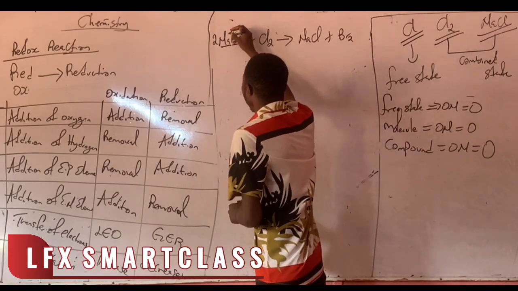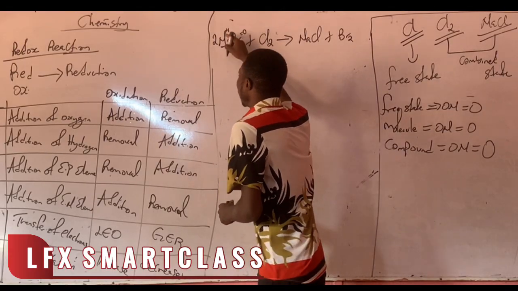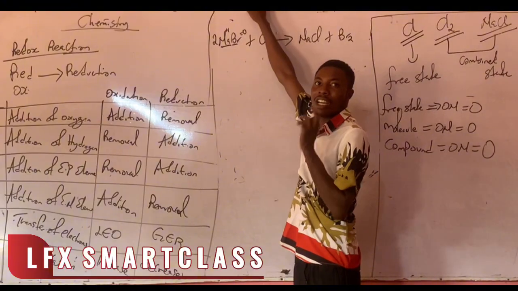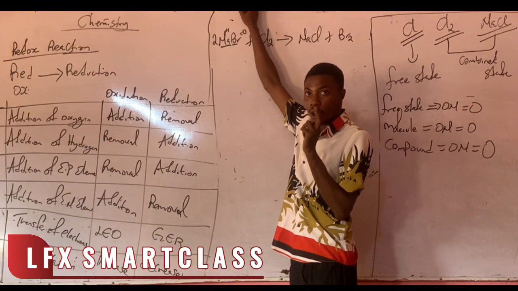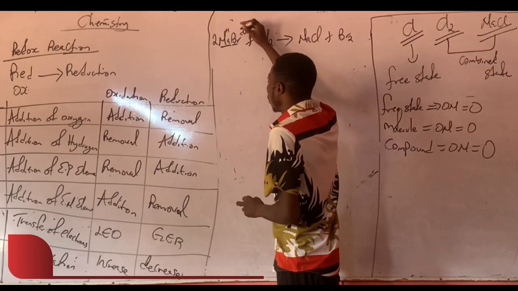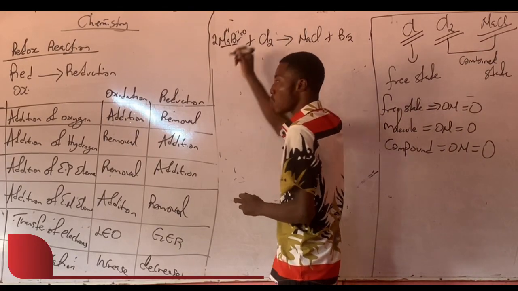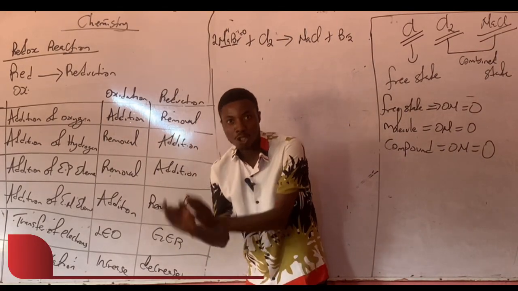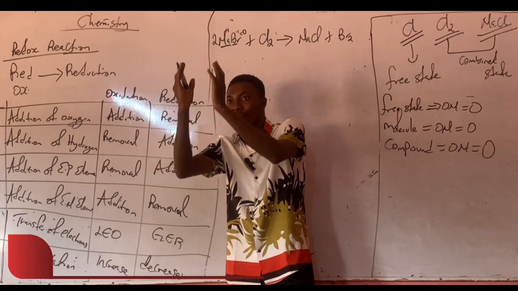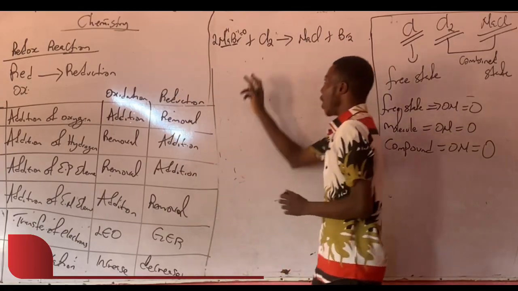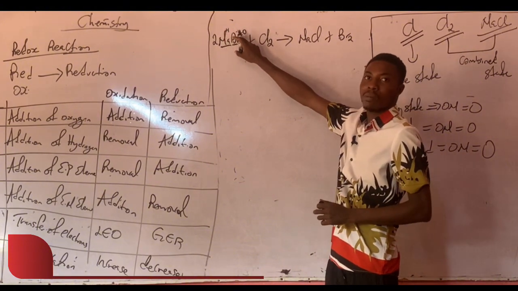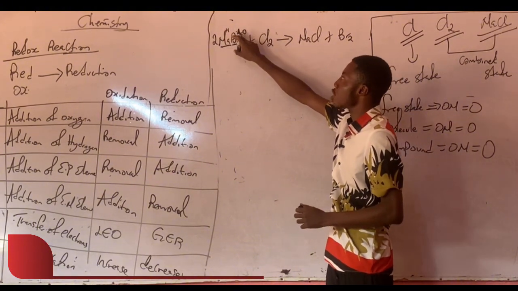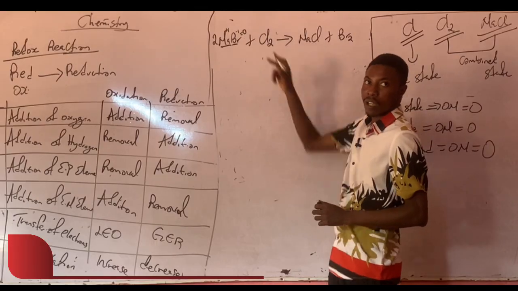So the oxidation number of sodium here is +1. Remember their valence is from their valence. If you add charge, it will now turn to what? Oxidation number. So this one is +1. Bromine is what? -1. Because they're under who? Halogens. Remember halogens are univalent, right? Yes. And they are -1. So this is +1 and this is what? -1. +1 -1 is equal to 0.